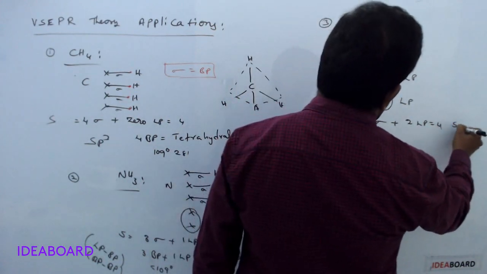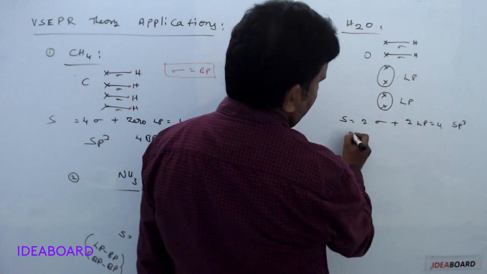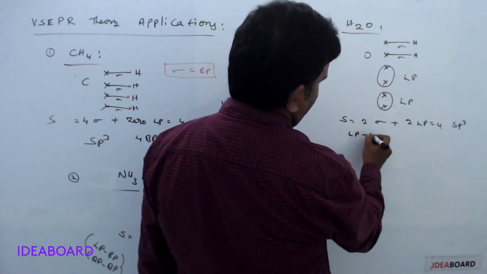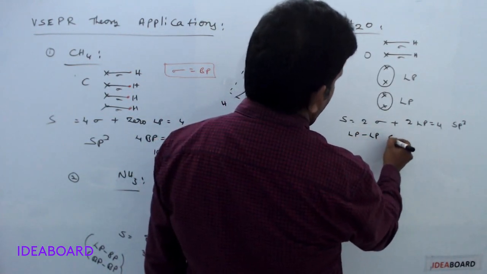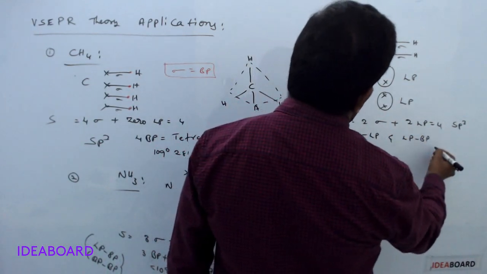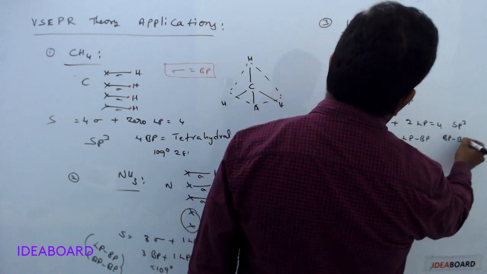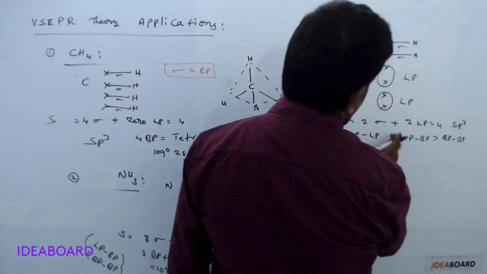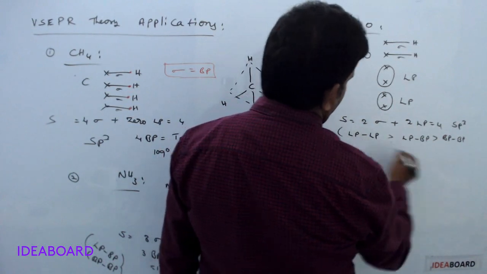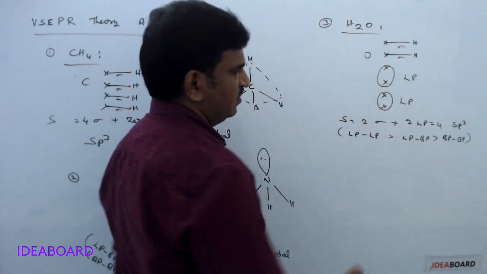And so what hybridization are we getting? sp3. But because of the lone pair, the order of repulsions is lone pair-lone pair, lone pair-bond pair, and bond pair-bond pair, of which the lone pair repulsions are more.